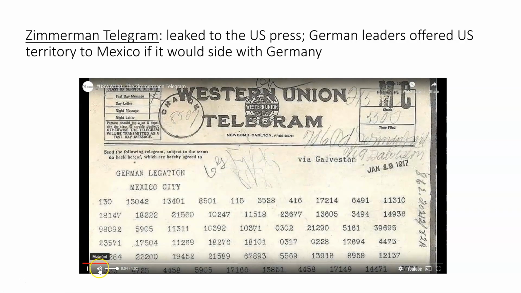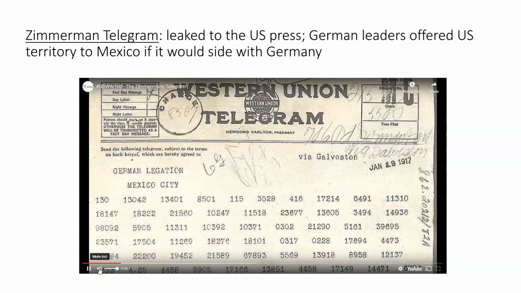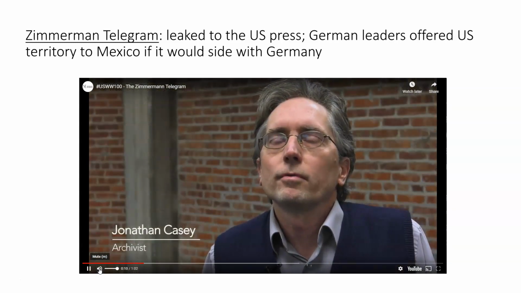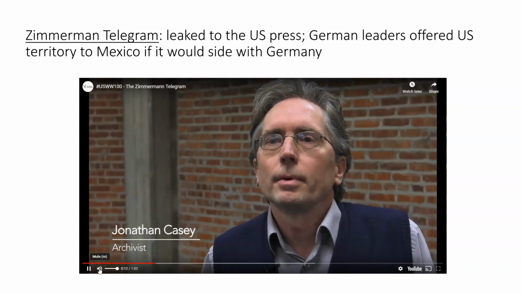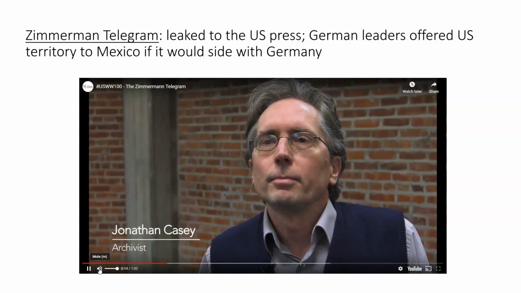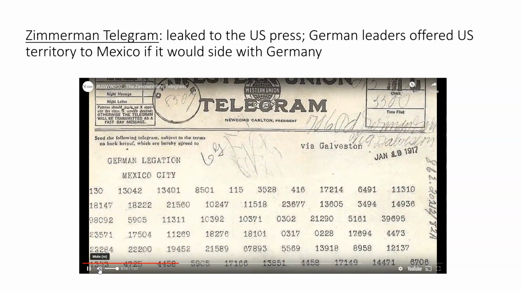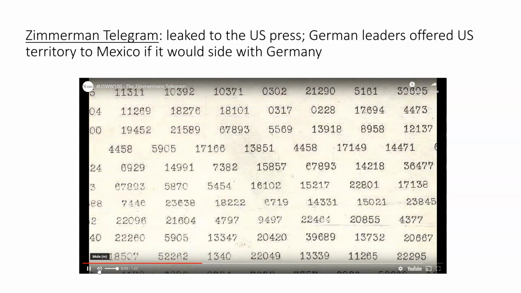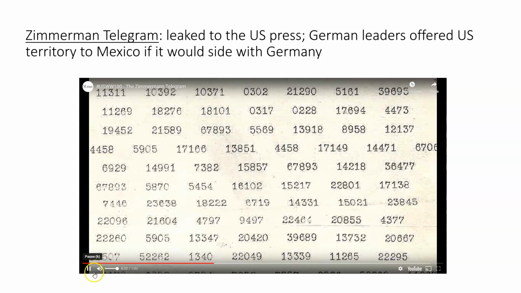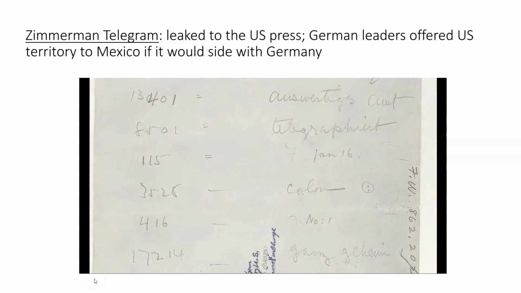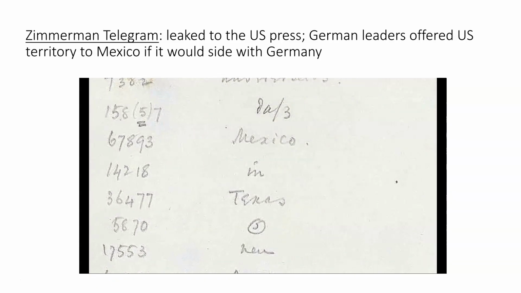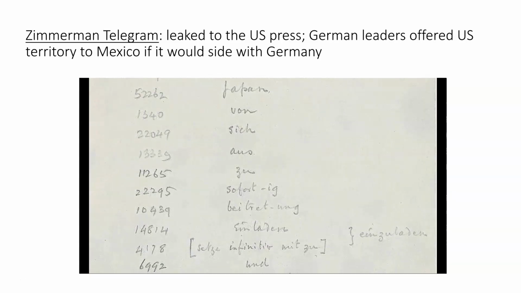One of the key turning points in World War I was the discovery of the Zimmermann telegram. The Zimmermann telegram was a German Foreign Ministry official communication sent by the German Foreign Minister Arthur Zimmermann to the German ambassador in Mexico City, asking him to open negotiations with the Mexican government about working with Germany in the war. It also alluded to a potential alliance with Japan if it would help Germany in the war against the United States.